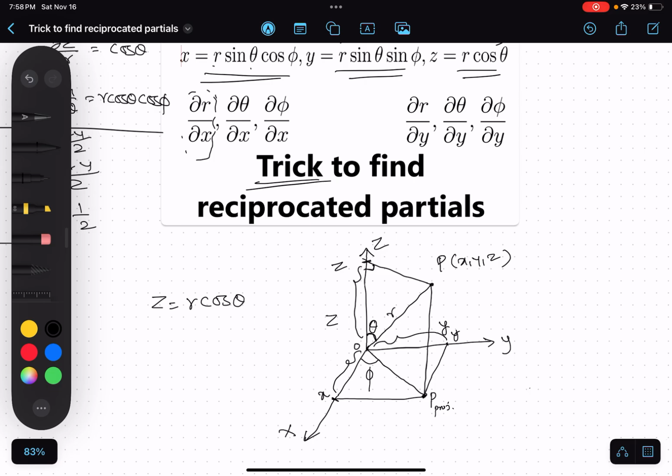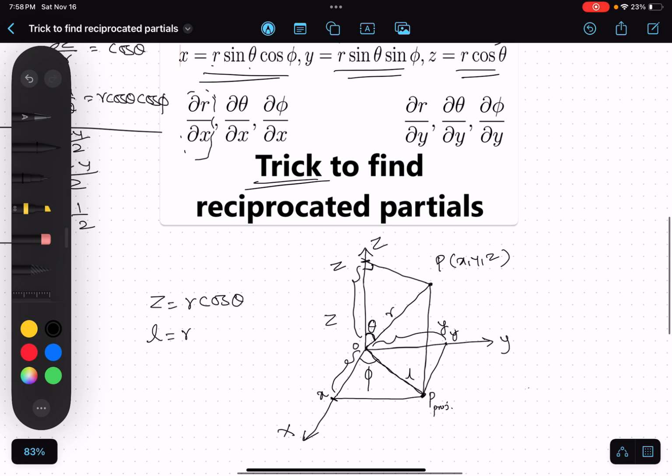on the z axis. And similarly, the length of the projection, let's say that's L, will just be r sine theta, right, because this projection will just be equal to this length, and this length from the triangle is just r sine theta.